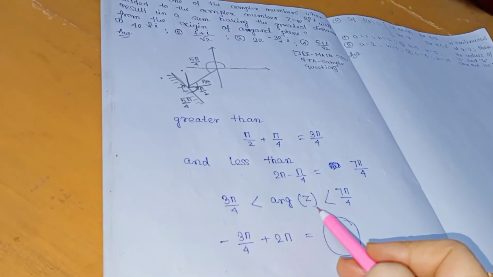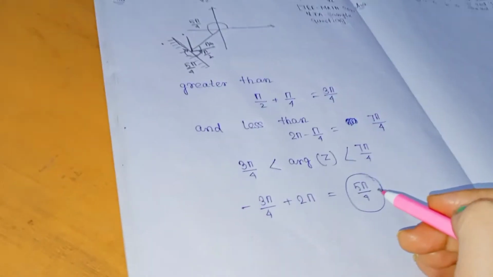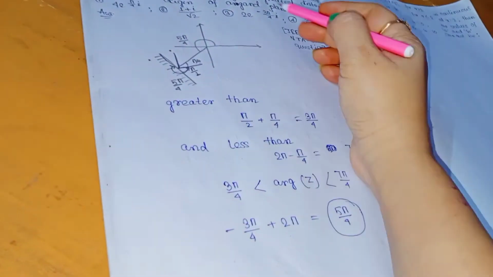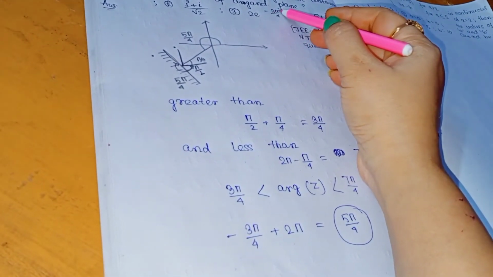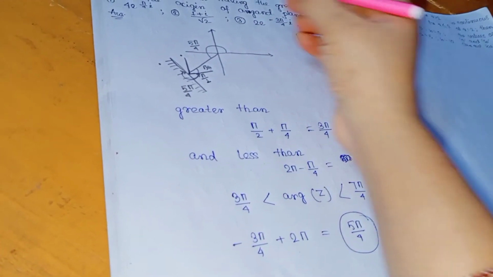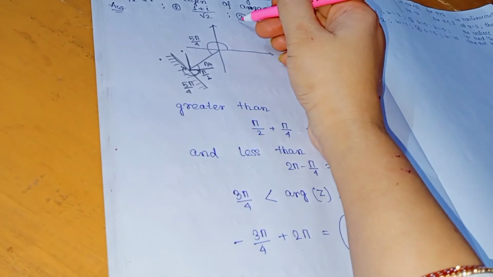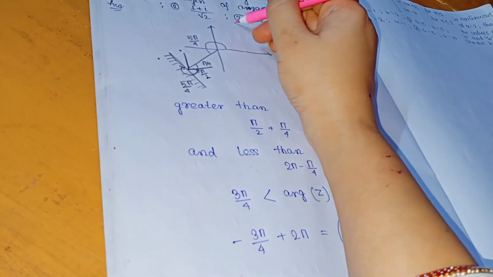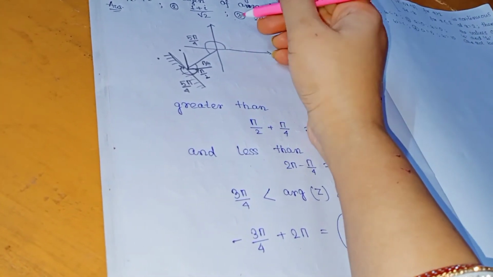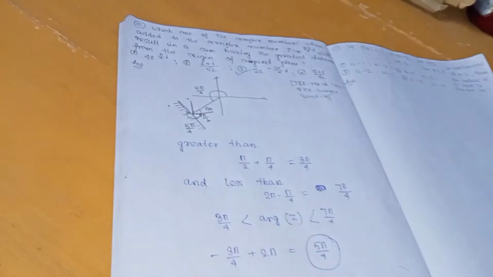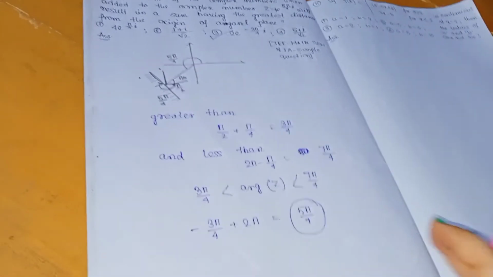So argument of z is equal to 5 pi by 4, and the option is e to the power minus 2 into e to the power minus 3 pi by 4 into i. This is our correct choice. So option 3 is our correct choice.